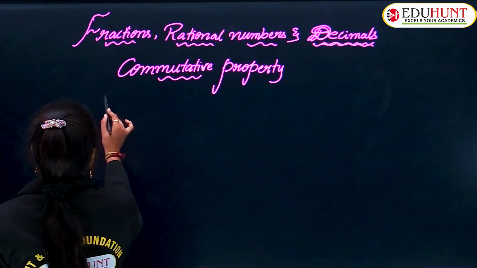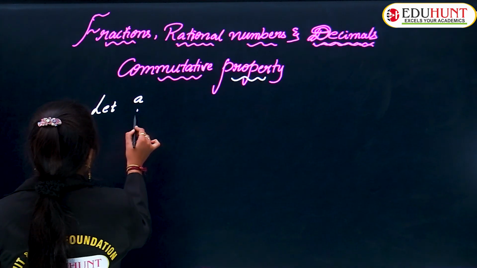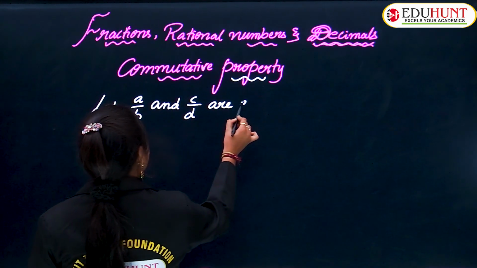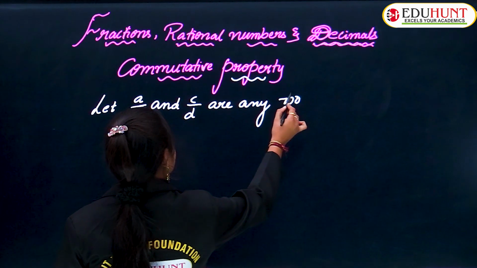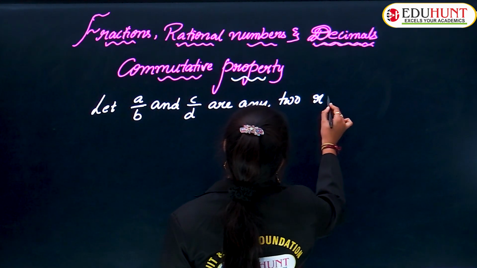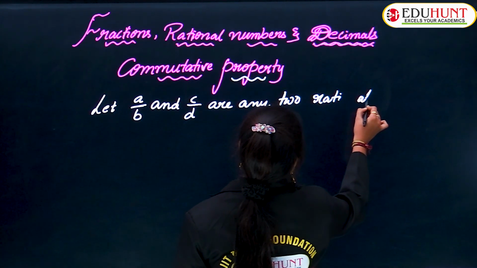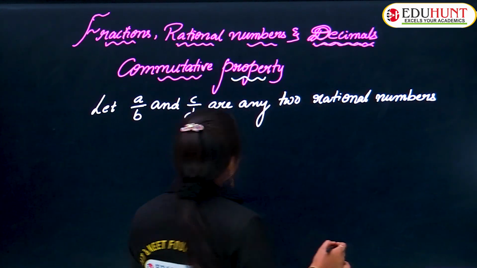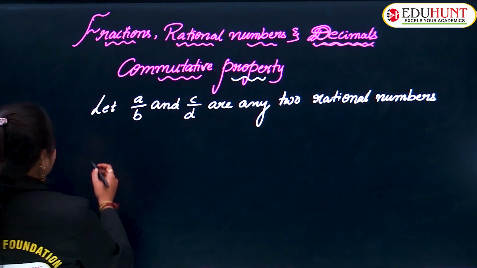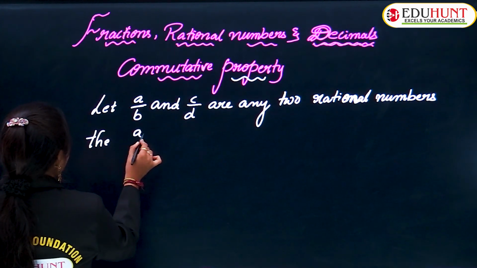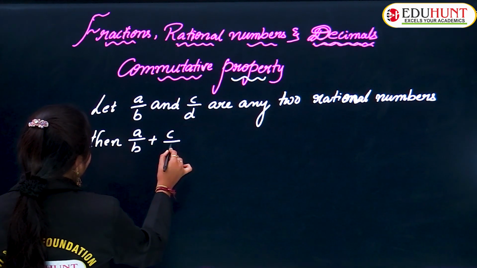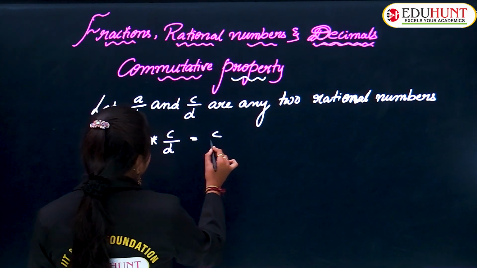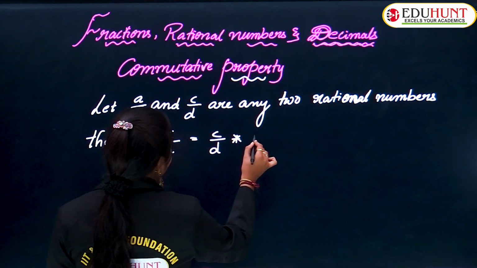Let A by B and C by D be any two rational numbers, then A by B star C by D is equal to C by D star A by B.